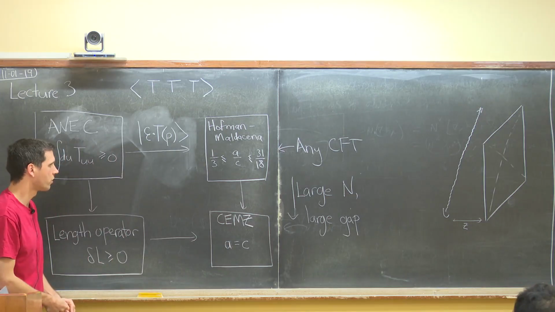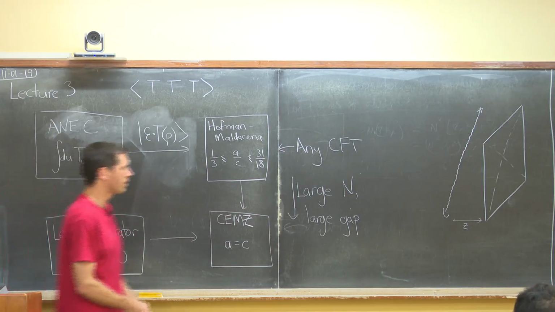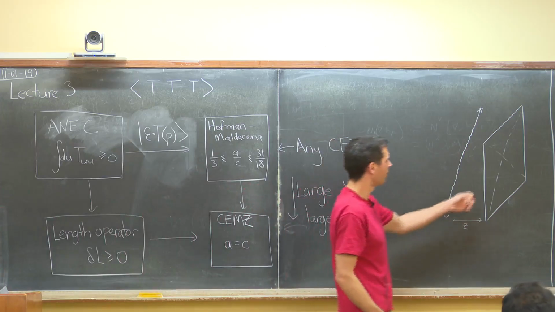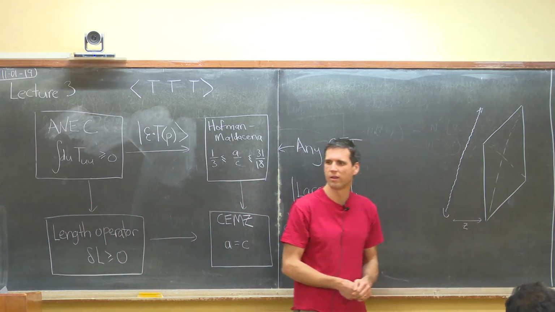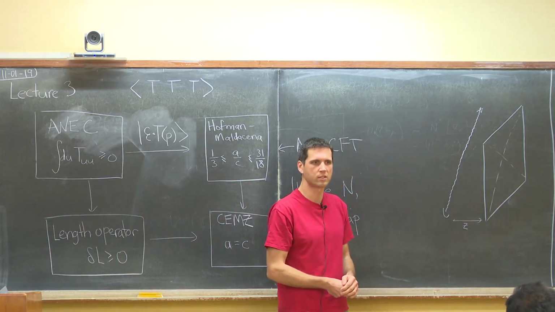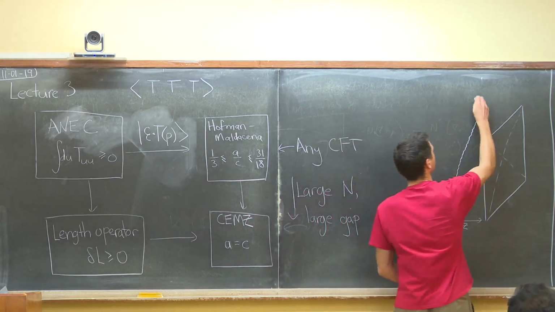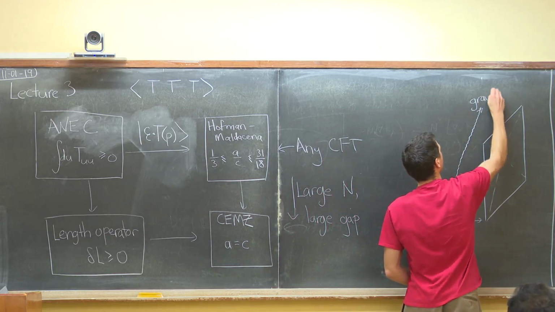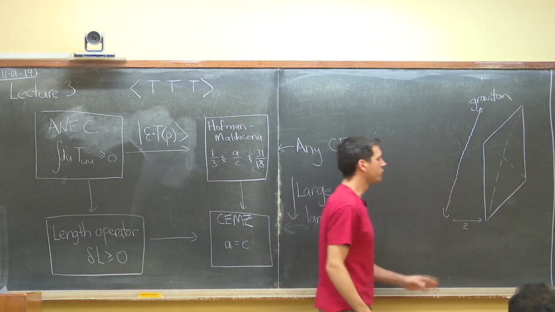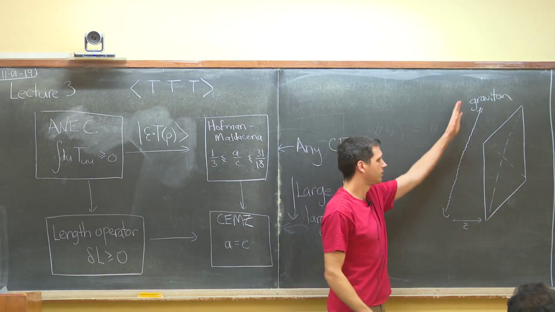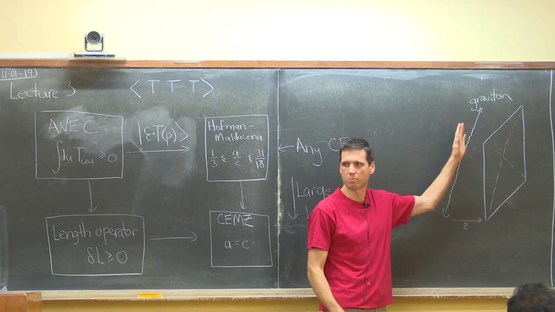Here is the picture to remind you of the bulk experiment that led to this constraint. It came from looking at gravitons. This here is a graviton, which is propagating parallel to the AdS boundary.